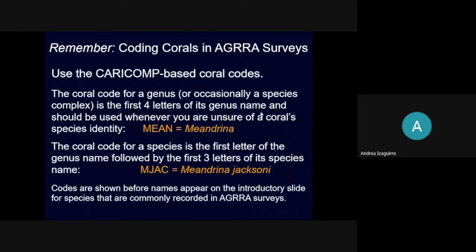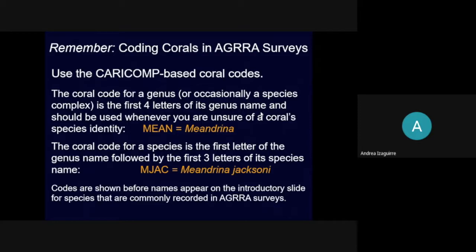And the way that we use these names, instead of trying to learn the entire scientific name, we are just going to be taking the first letter of the genus and the first three letters of the species name. So for example, here they give us Meandrina jacksoni.